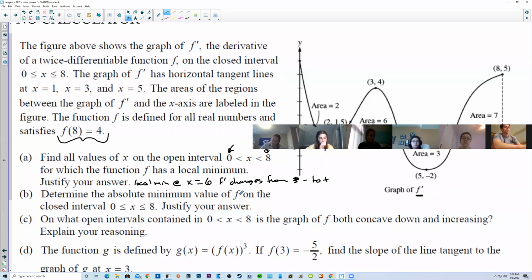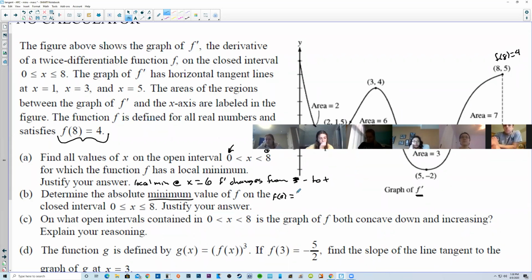Determine the absolute minimum value of f on the closed interval from 0 to 8. Now we include 0 and include 8. Justify your answer. So let's do f of 0 because it's an endpoint. Remember, mins and maxes can happen at endpoints. The only value we have is over here at 8. f of 8 is equal to 4.